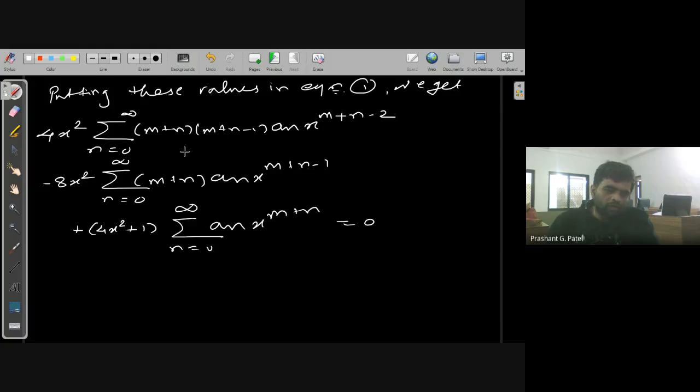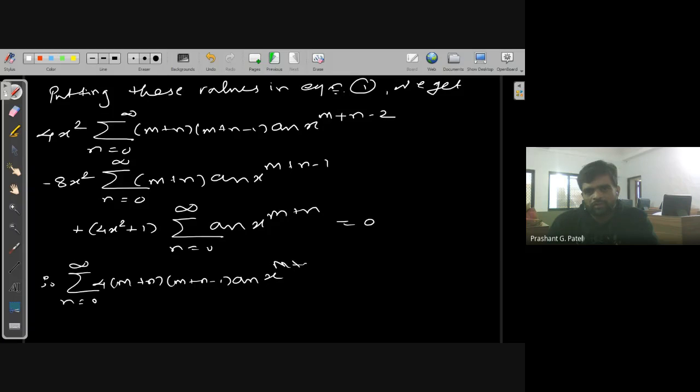We can rewrite this equation as: summation n running from 0 to infinity 4 (m plus n) (m plus n minus 1) a n x raised to m plus n, since x square is multiplied inside, minus 8 summation n running from 0 to infinity (m plus n) a n x raised to m plus n plus 1.